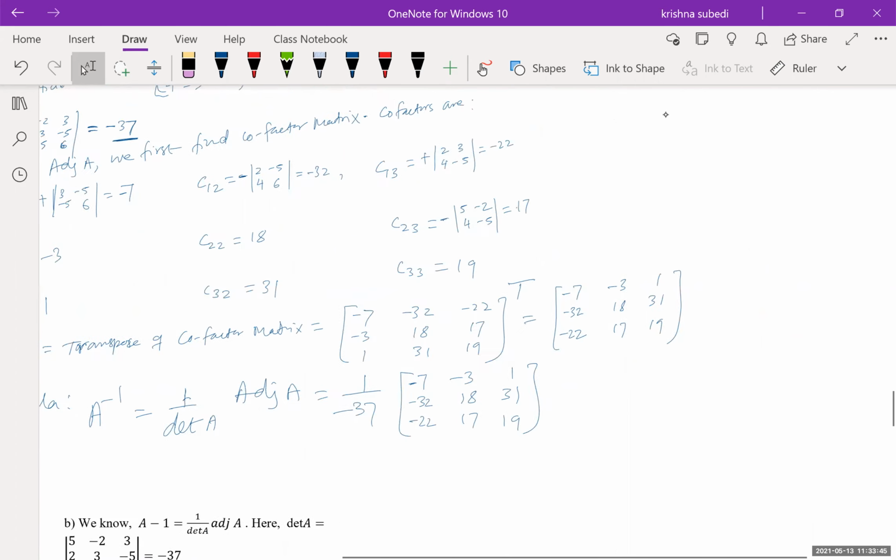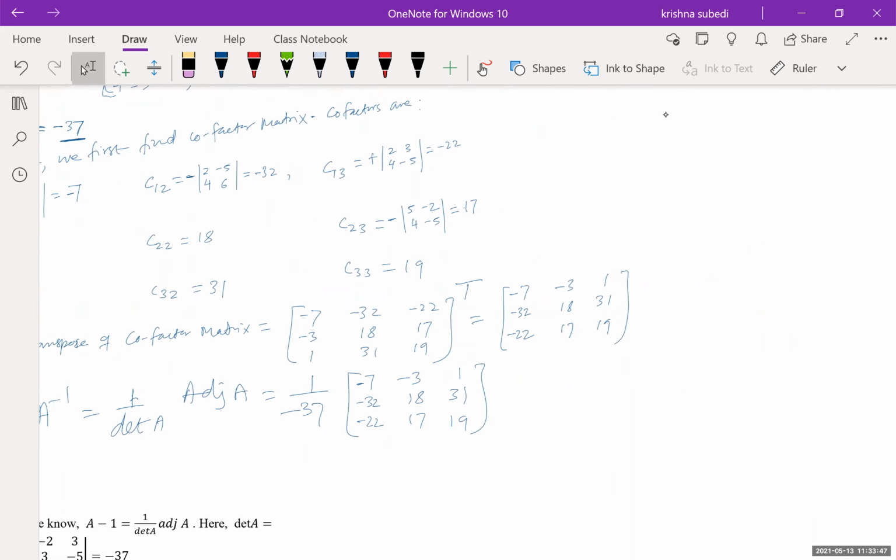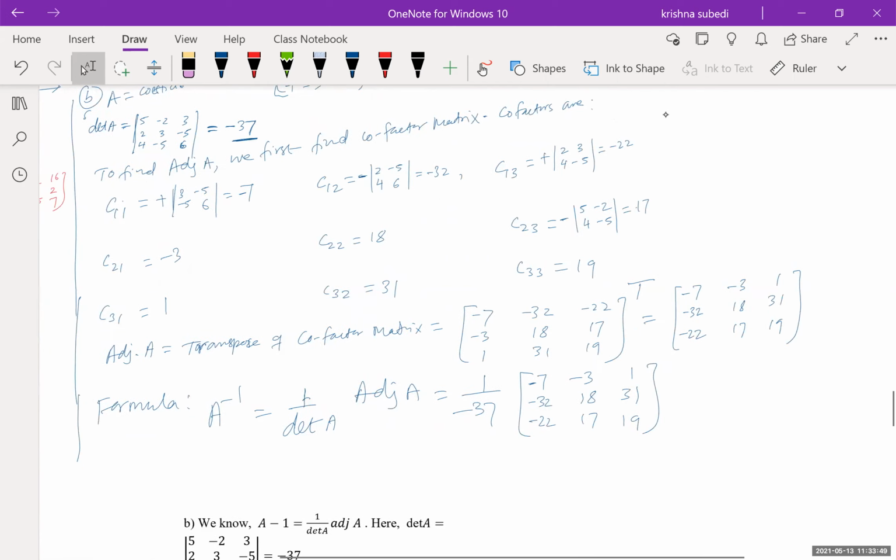Now, look at that, part B says to use this formula.